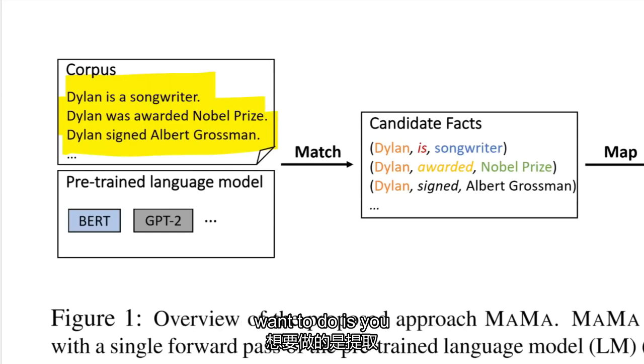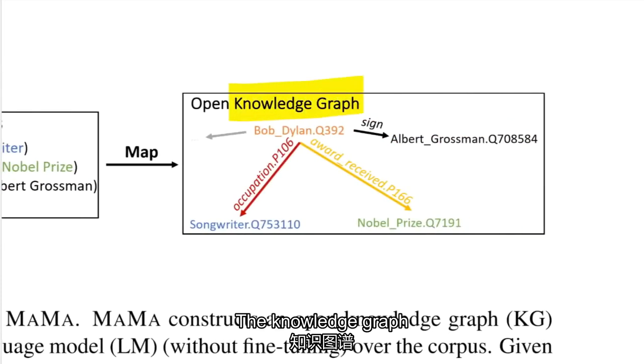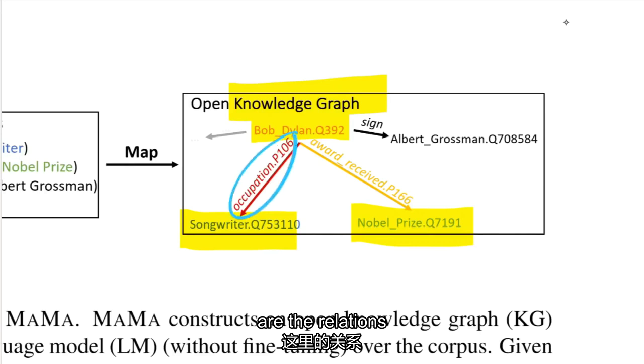And what you want to do is extract a knowledge graph. So the knowledge graph has two distinct things. It has entities, and one entity here would be Bob Dylan, songwriter is an entity, Nobel Prize is an entity. You can sort of think of them as nouns, okay? And then the second part in knowledge graphs are the relations.